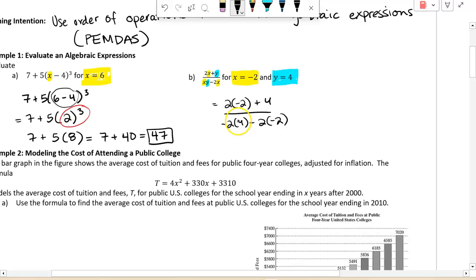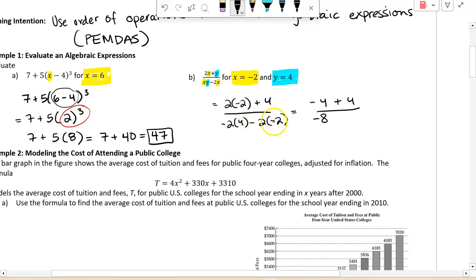And oftentimes you're going to see parentheses just used to show that you're multiplying 2 things together so that you don't accidentally think you're adding or subtracting them together. So on top, we have 2 times -2 is -4 plus 4. On bottom, -2 times 4 is -8. And then we have -2 times -2.